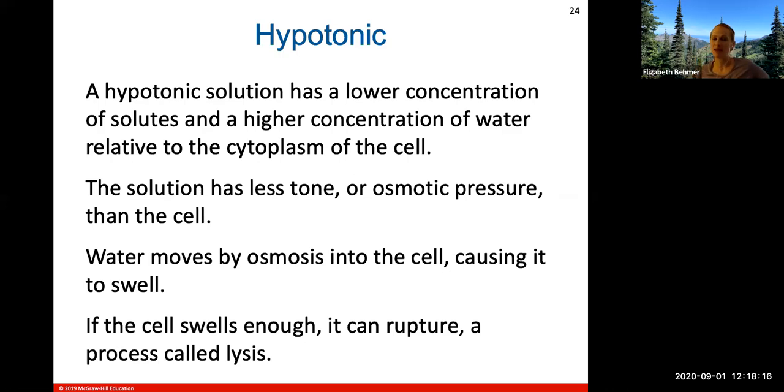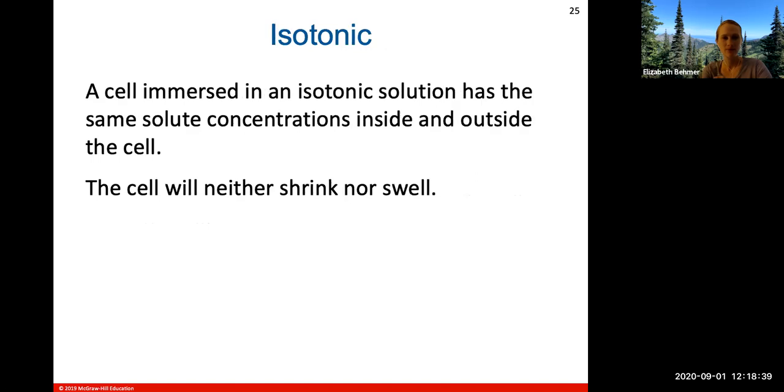But again, water will always move into an area of higher solute concentration. If a cell is placed in a hypotonic solution, the cell will swell and it could rupture. If a cell actually ruptures or breaks, we call that lysis, and lysis means to split open.